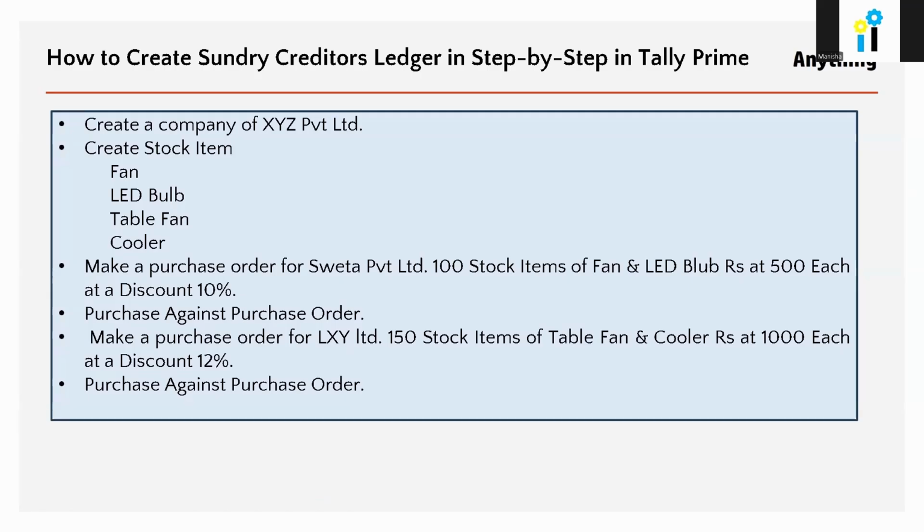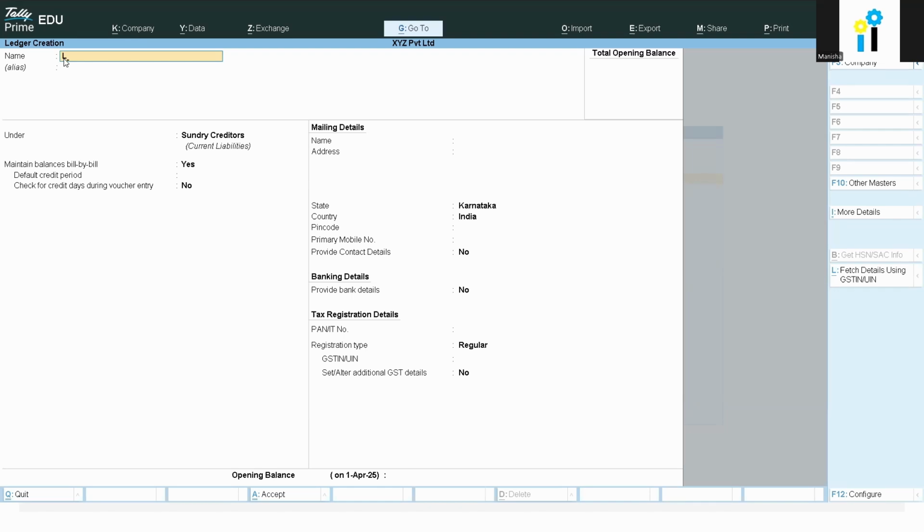Again, XYZ Private Limited has purchased some stock, so make a purchase order from LXY Limited. LXY Limited is also a sundry creditor of XYZ Private Limited, so again we will create the ledger for this sundry creditor.